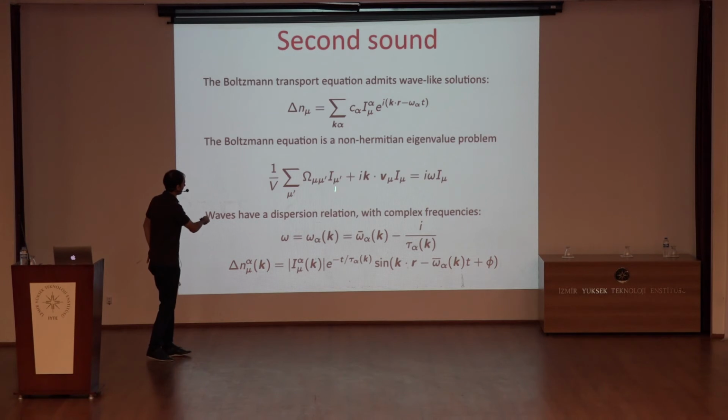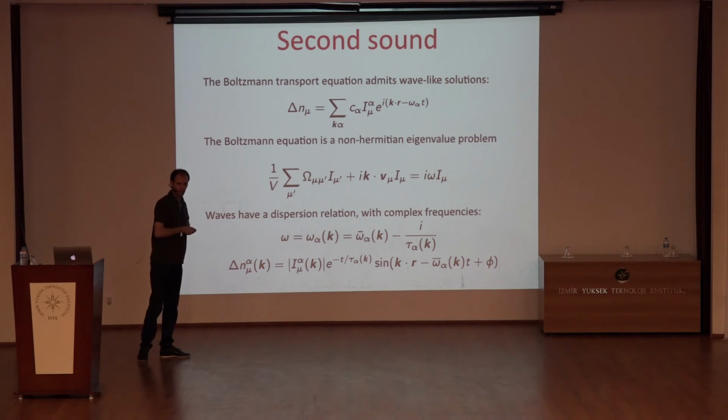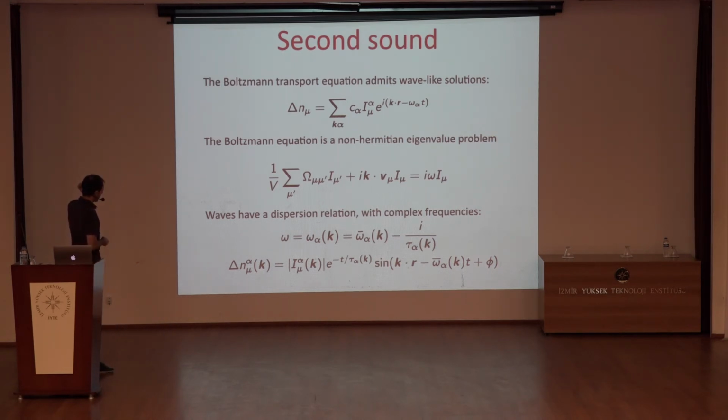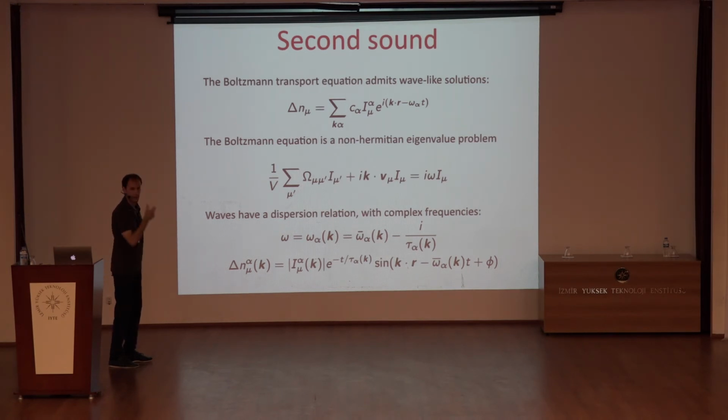So you have a set of eigenvectors, a matrix, which is all this stuff acting on these eigenvectors, and a set of eigenvalues omega, which are the frequencies that you have to find out by the diagonalization of this non-Hermitian matrix, meaning that you will get an oscillation frequency associated to this kind of solution, which will give you an oscillation frequency and a decay time.